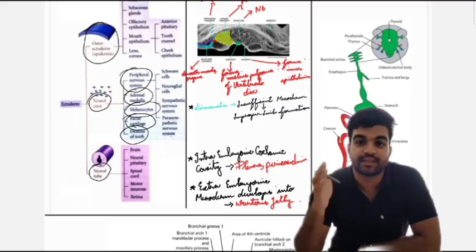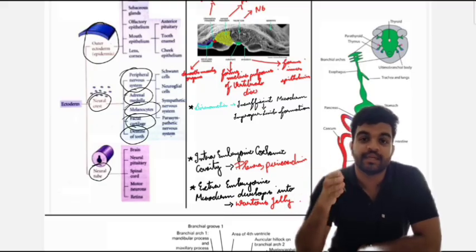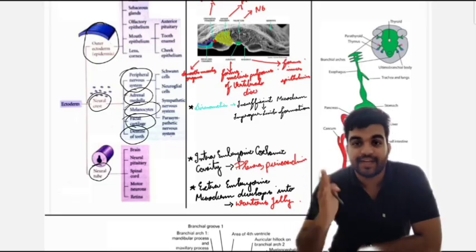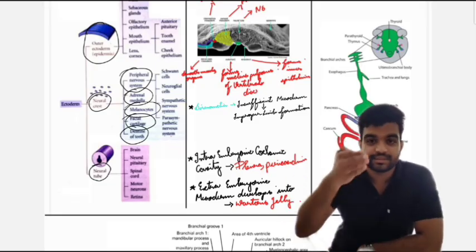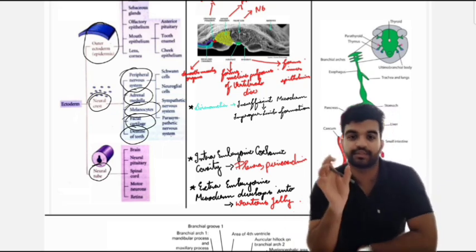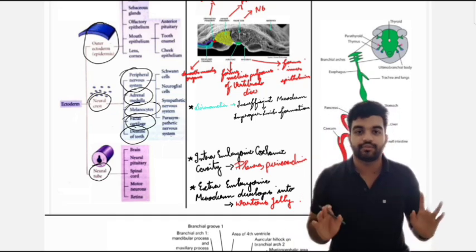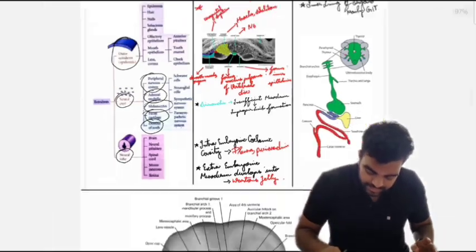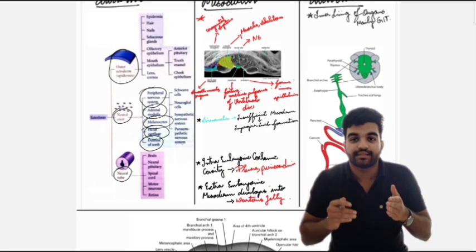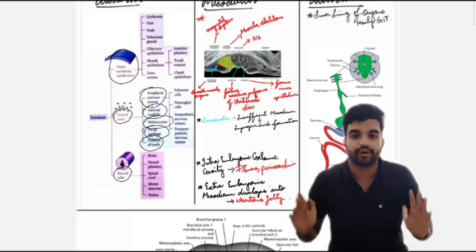It was asked what the GIT was formed from. GIT was formed from mesoderm. The inner lining was formed from endoderm. So this is where the confusions will occur, and this is where we will have to focus. That's it. This is all about gastrulation, what the three germ layers will go on to form.